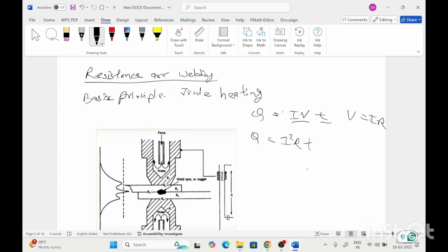For the units, I is current in ampere, voltage is in volt, and t is in seconds, which leads to the joule. Q is the energy generated per unit time, meaning power.